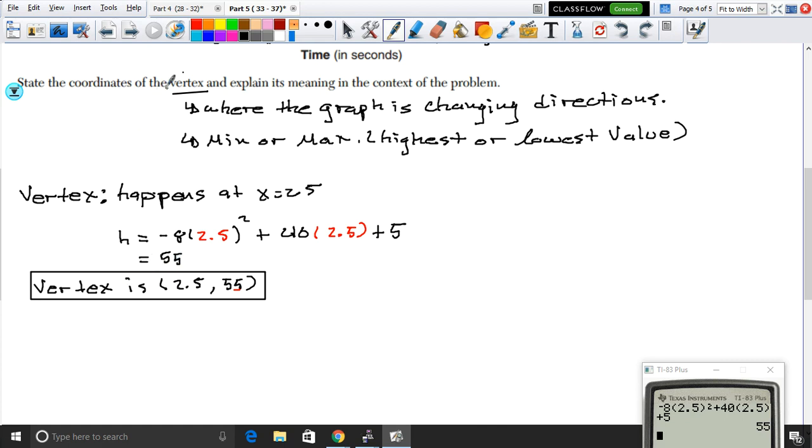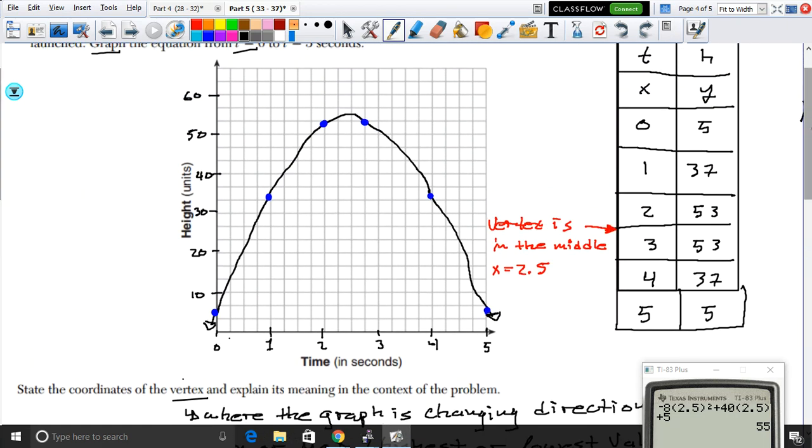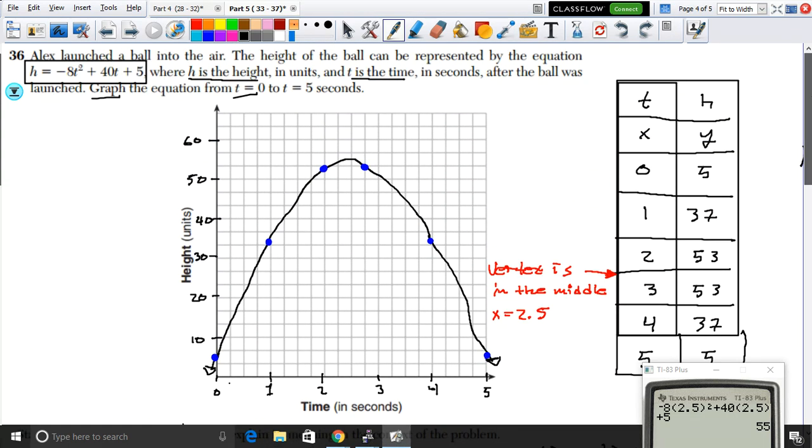All right, so we already said what the vertex is. So now let's explain the meaning in the context of the problem. Well, let's actually see what the problem was about. This is saying there was a ball that was just launched. So they throw the ball up, and here at 2.5, 55, that's the vertex.